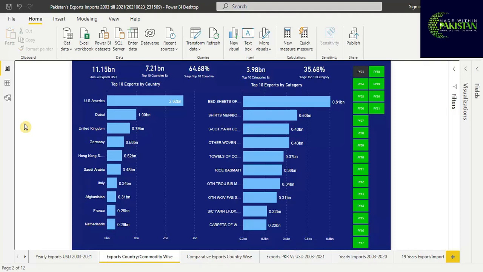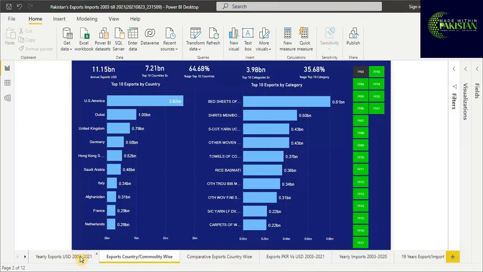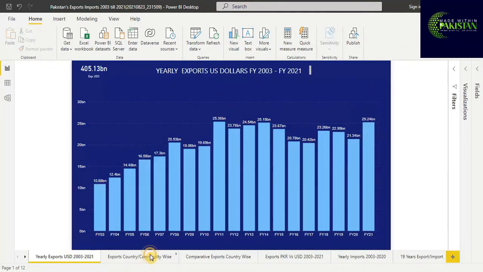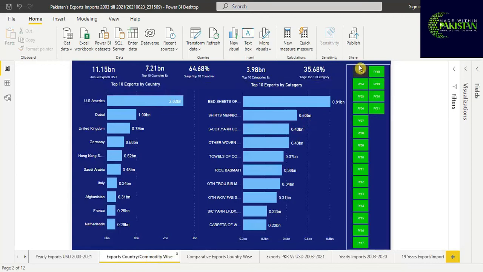The second question was, in our first video, exports in 2003 were shown as 10.88 billion. But in our second video, exports in 2003 were shown as 11.15 billion. What is the reason for the difference? Again, the answer is the same: the source of the data.